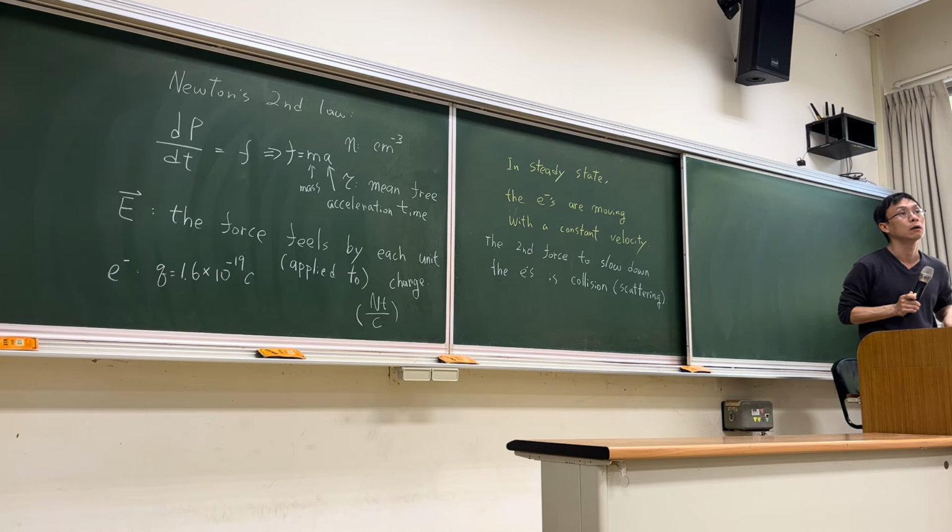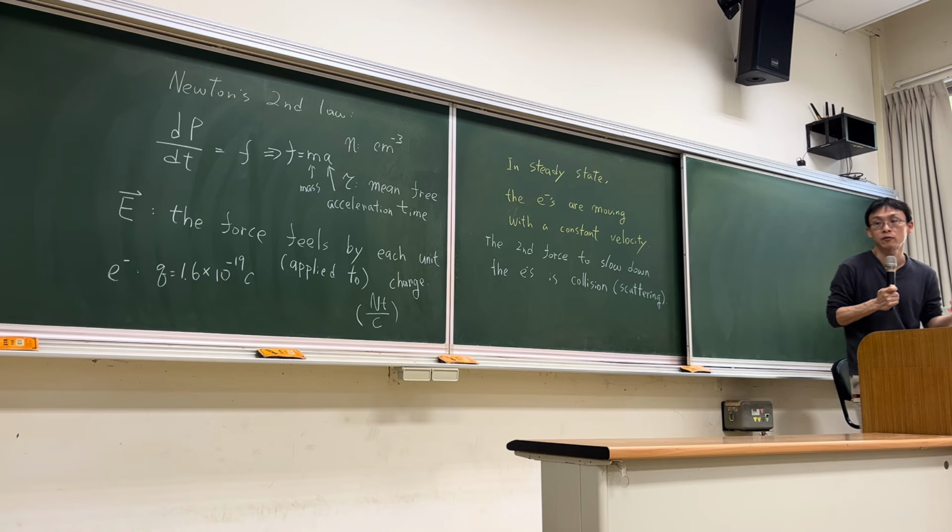Collision with each other, because each electron is of a certain mass, so moving at a very fast velocity, two electrons will bump into each other. When the collision happens, the speed will slow down.